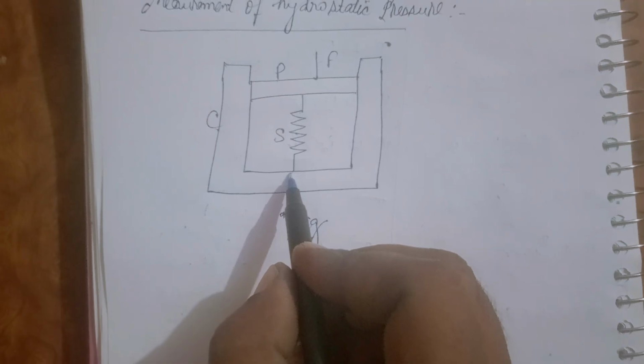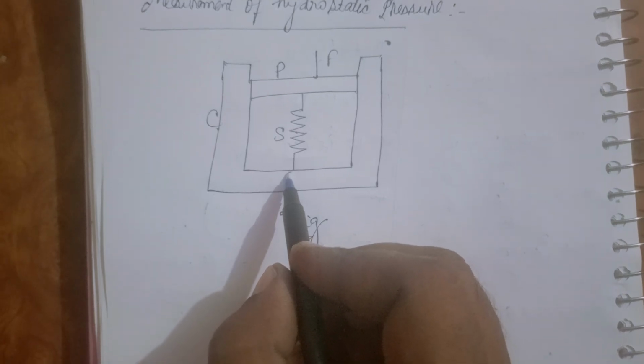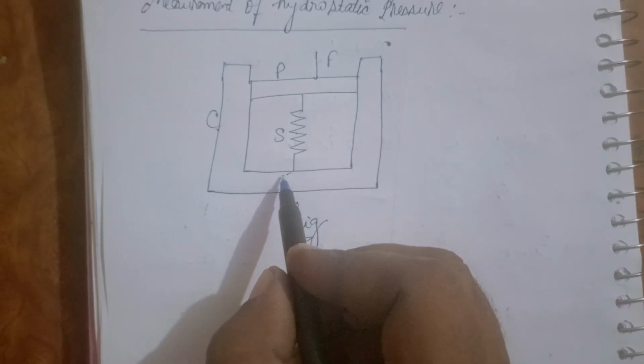This device is placed at a location inside the liquid where pressure due to liquid is to be measured. The force due to the liquid presses the piston downwards. The spring gets compressed.